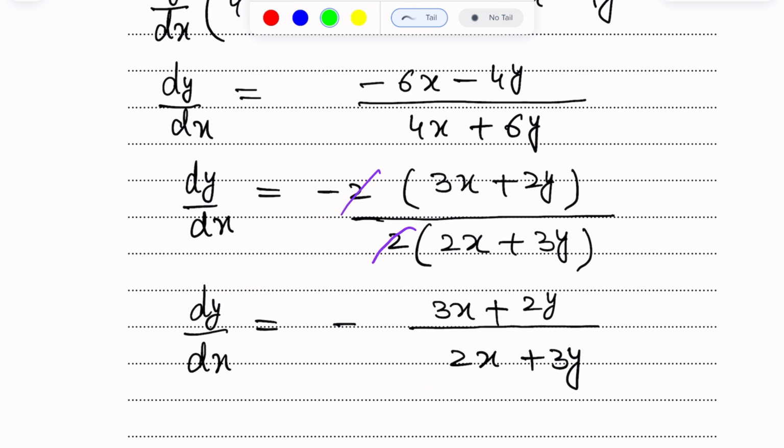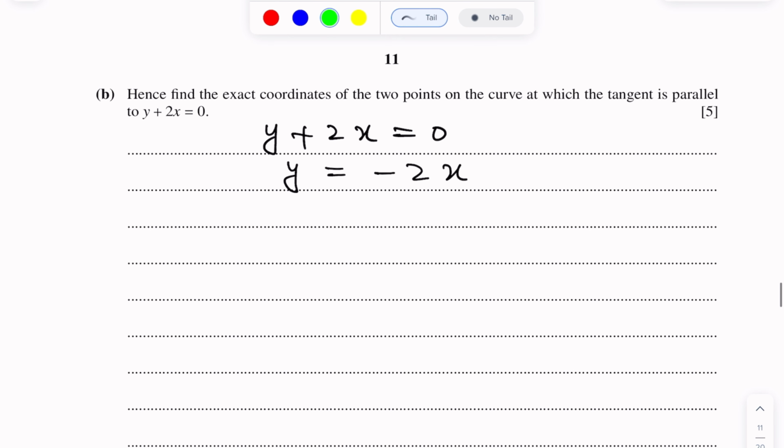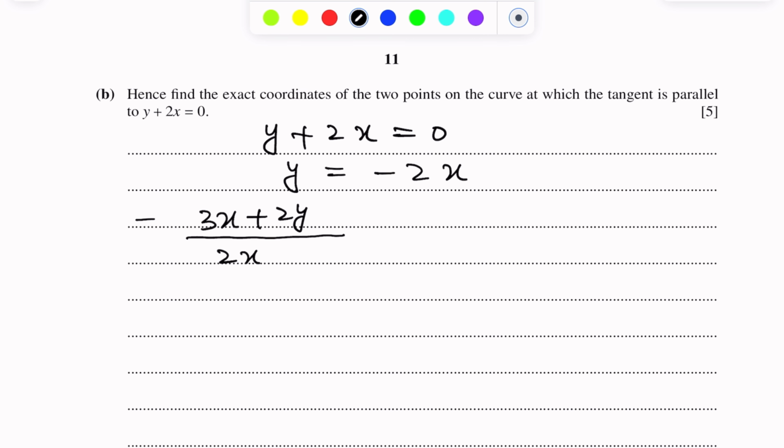So we can equate the two gradients: minus (3x plus 2y) over (2x plus 3y) is equal to negative 2.